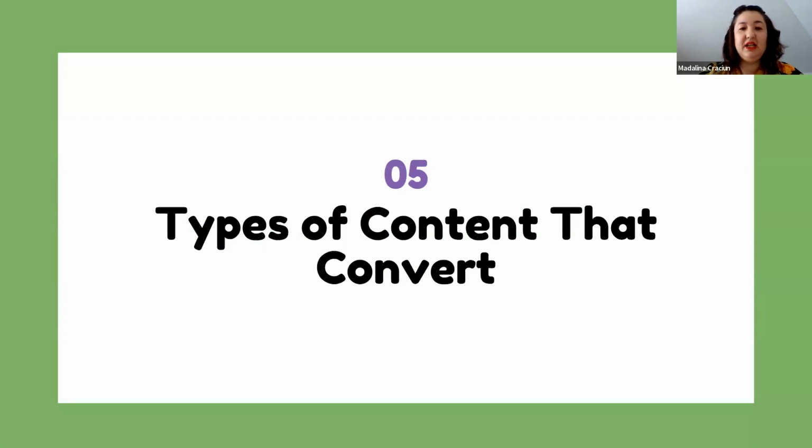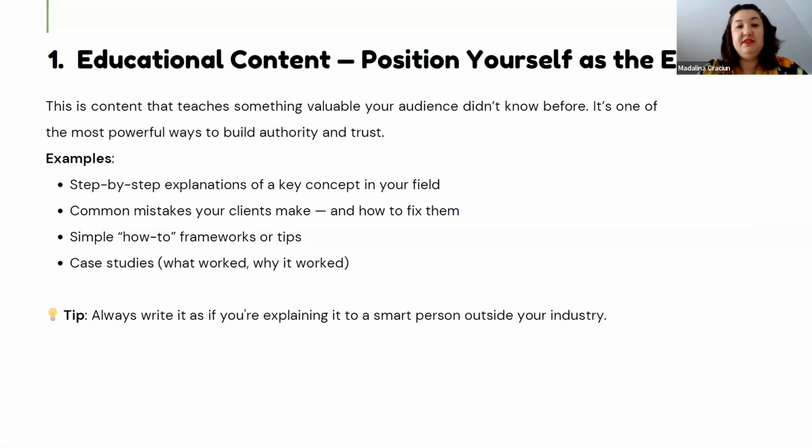And finally, what type of content converts? First of all, educational content. You have to position yourself as the expert. This is the content that teaches something valuable your audience didn't know before. It's one of the most powerful ways to build authority and trust.